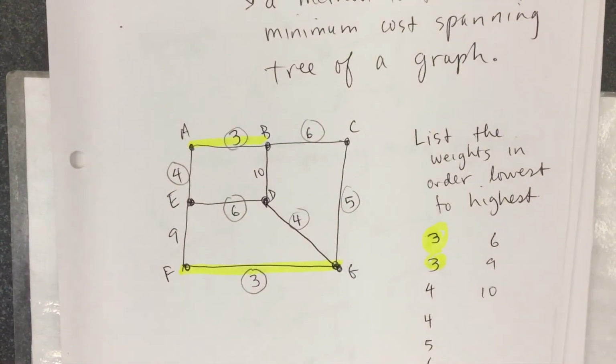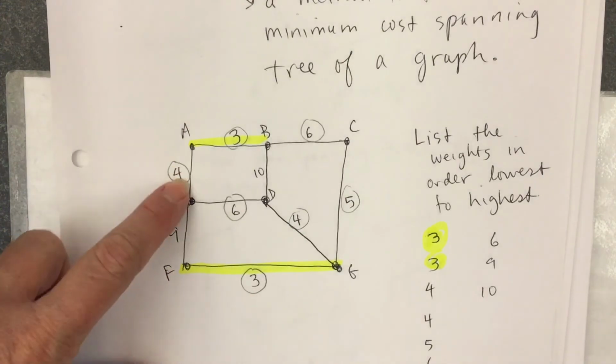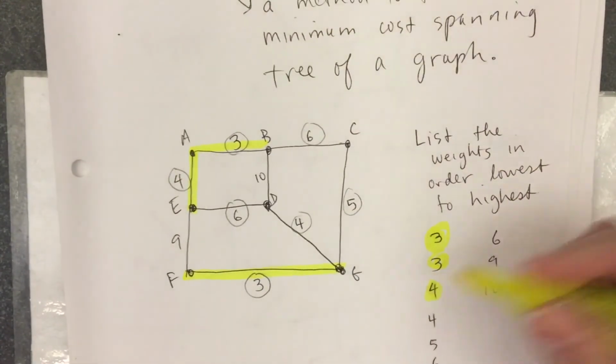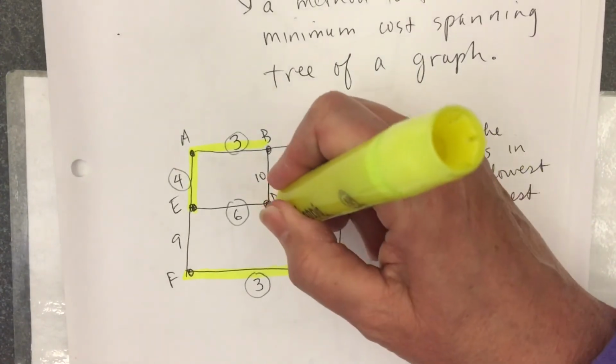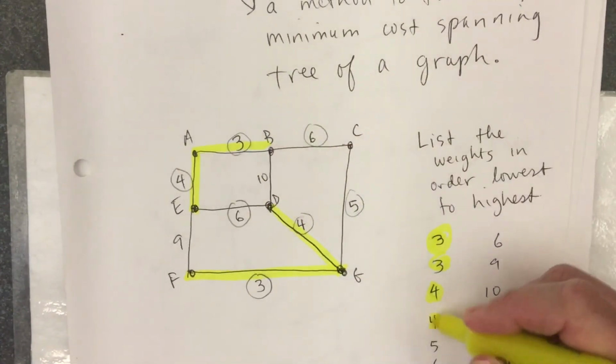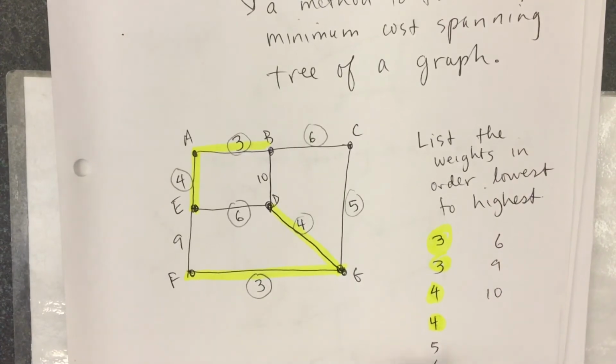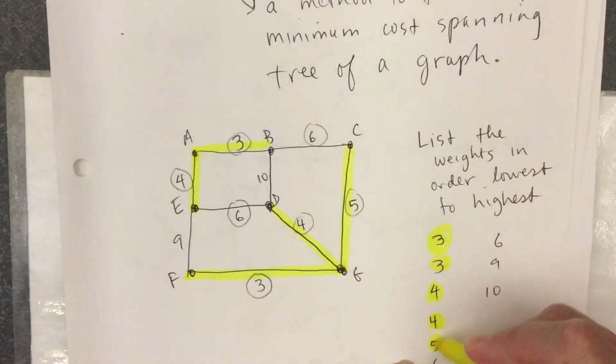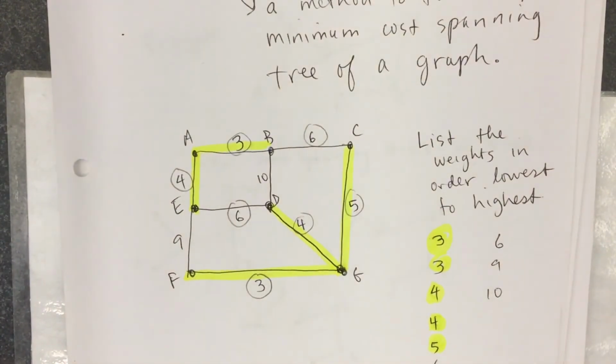Then I move on to the 4. You select it if it does not complete a circuit. A to E would not complete circuits with what I've already selected. D to G would not complete a circuit. Then I have 5. I'll take that one. So far, I have not completed any circuits.